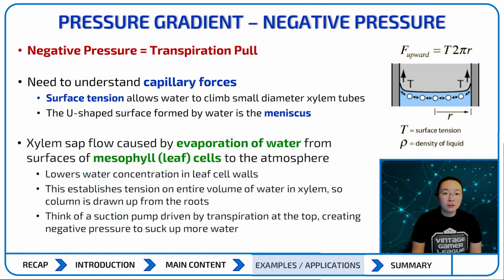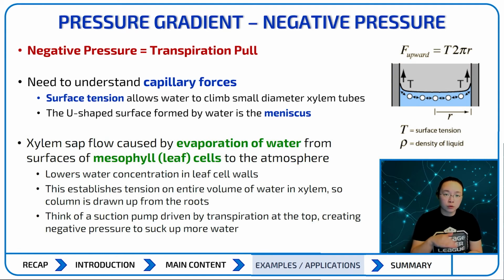Now, if we take a look at negative pressure, which is the most important part that we would want you to know, negative pressure is also called transpiration pull. In order to understand what transpiration pull is, we have to understand what a capillary force is. A capillary force is when you have a very, very small tube with water inside.